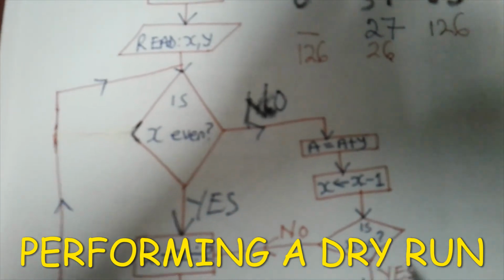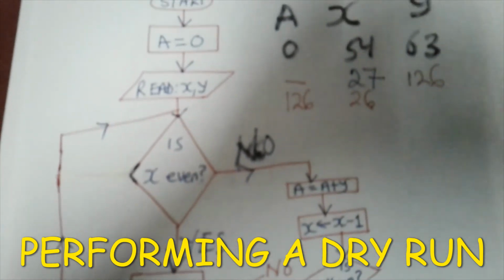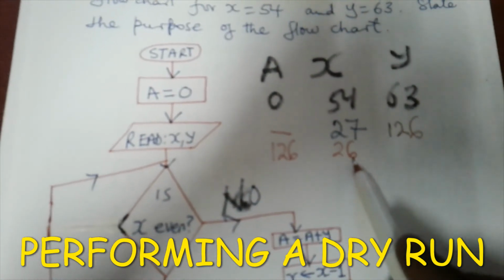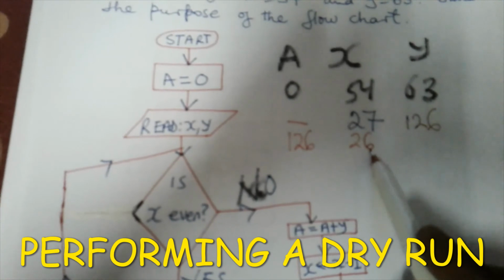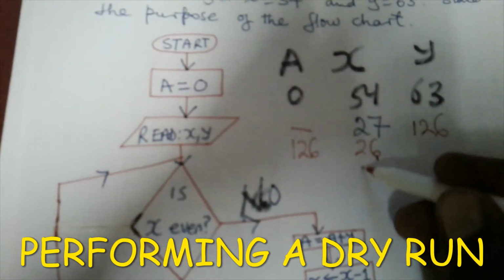If x is 0, then you follow yes. If x is not 0, then you follow no. Is x 0? For instance, is 26 0? No. Therefore, 26 divided by 2, which will give you 13.